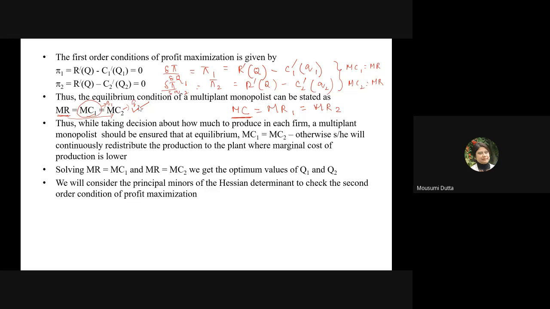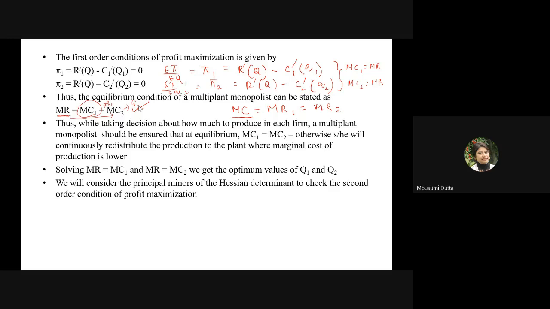Following the MR is equal to MC1 principle, we will find out how much will be produced in plant 1, and following the MR is equal to MC2 principle, we will find out how much will be produced in plant 2.